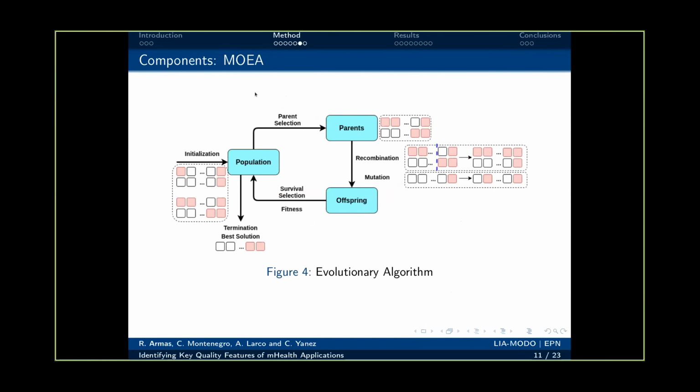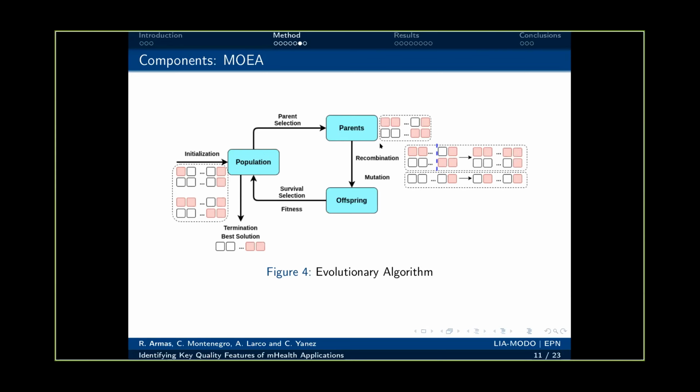The multi-objective evolutive algorithm works in this way. The algorithm proposes a specific solution that is a different combination of variables, and with that, the algorithm selects the parents.